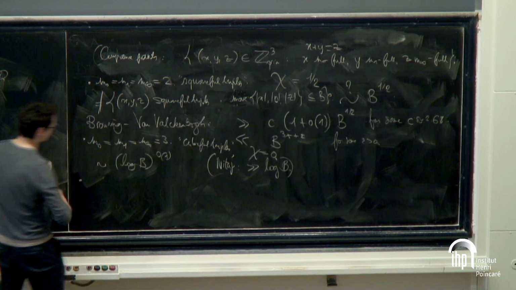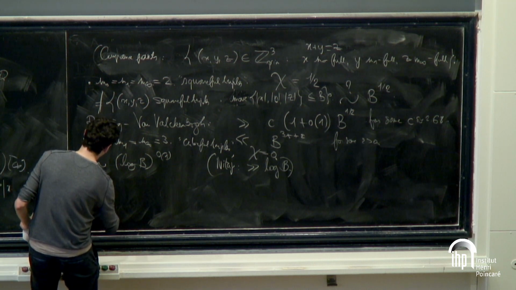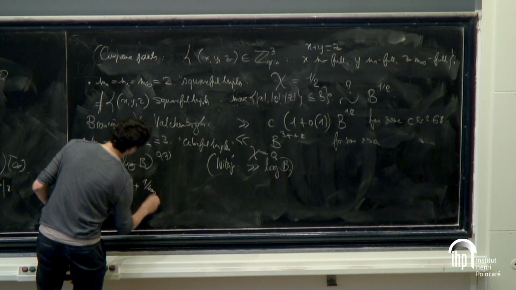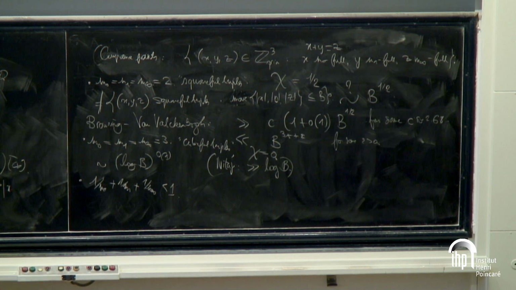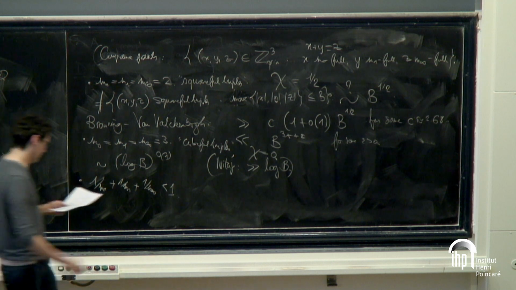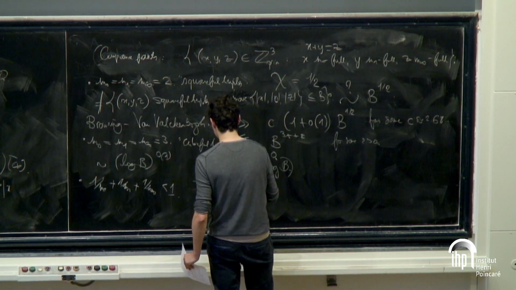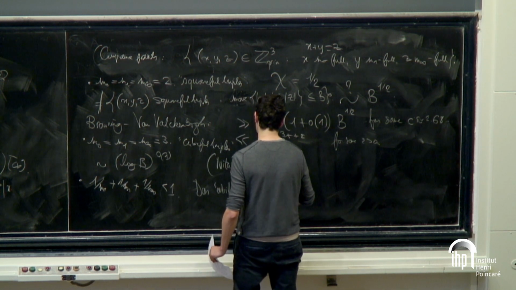And then there is the opposite case. When we go to the general type range, which happens whenever 1 over m0 plus 1 over m1 plus 1 over m infinity is smaller than 1, then the natural question is, does the orbifold analog of Mordell's conjecture hold?